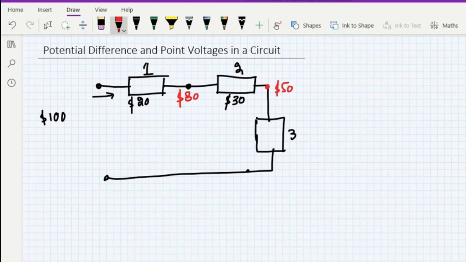After it you enter the third shop. Here you have to consume all the money, because the rule is that when coming out of the last shop you should have nothing in your pocket. So you will consume $50 here, and when you reach this point you will have nothing in your pocket.